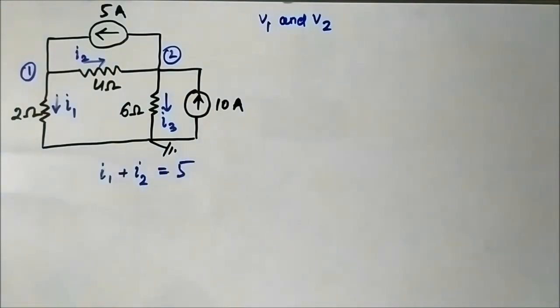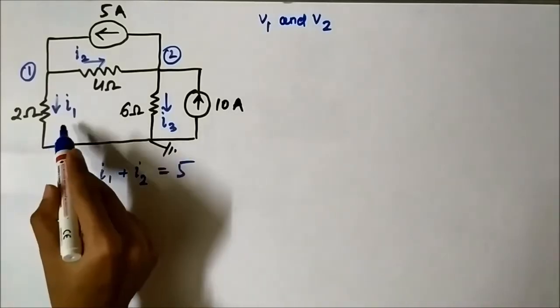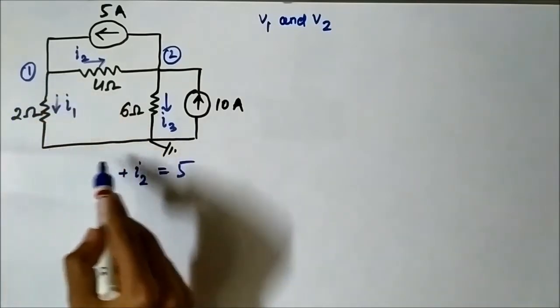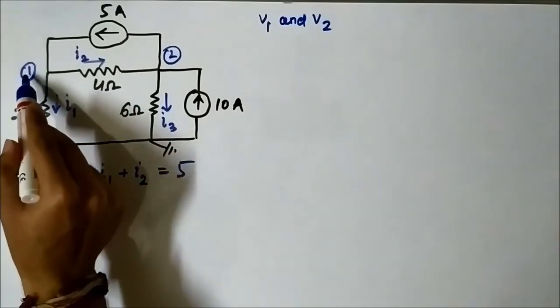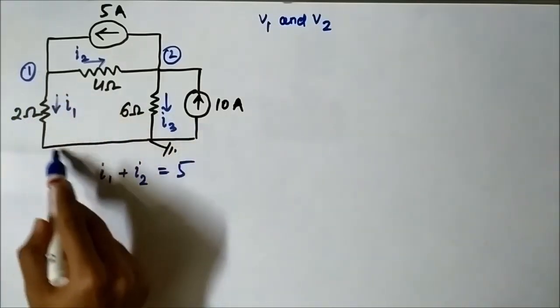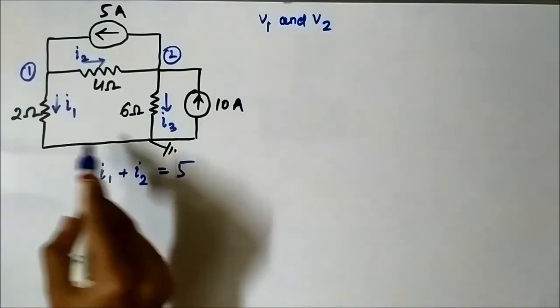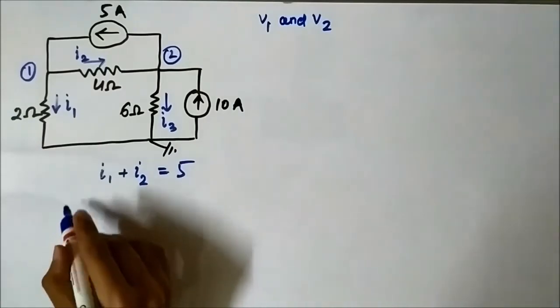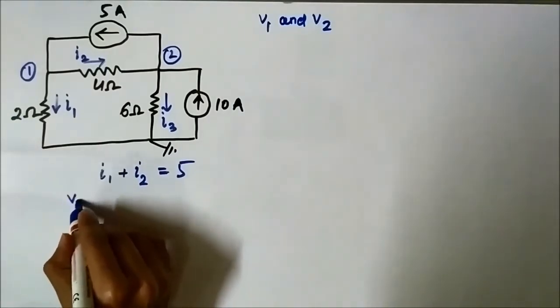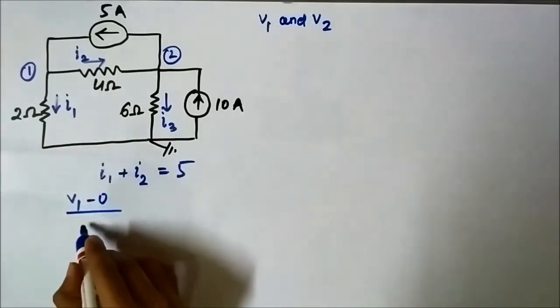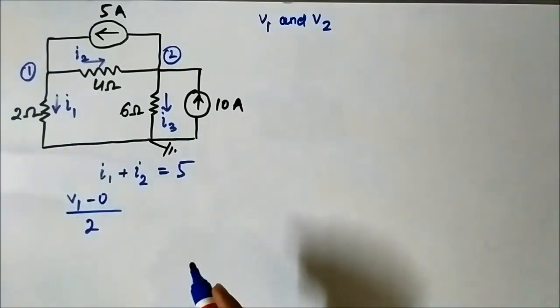So we have already discussed that current flows from a higher to a lower potential. So this current I1 can be written as V1, which is the voltage at node 1, minus the voltage at ground, which is 0 volt, by 2 ohm. So it is V1 minus 0 by 2, I1.